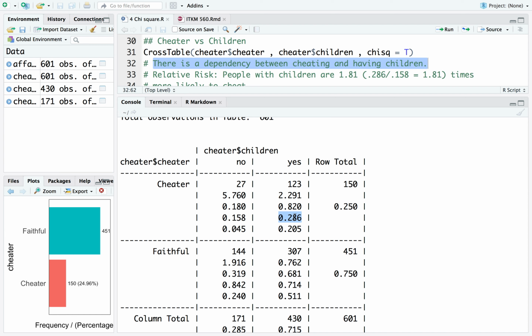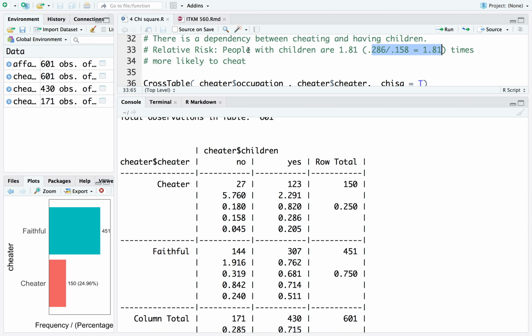The probability is 28.6%. What is the probability of cheating in the non-exposed group? 15.8%. Divide those two numbers as I have here, and you get a ratio of 1.81. Therefore, in the relative risk, people with children are 1.8 times more likely to cheat.